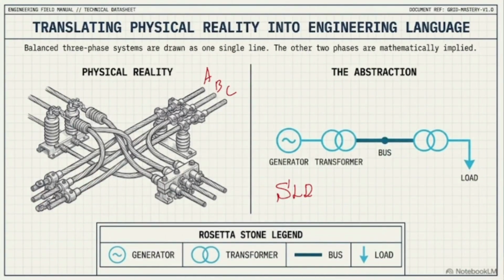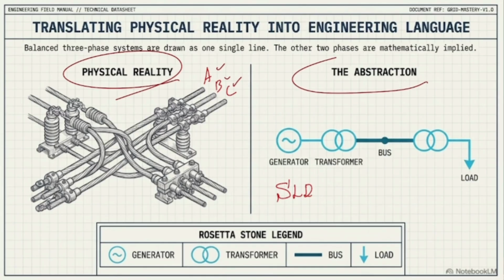The very first thing that we have to talk about is translating the physical reality into engineering language. As you know, in physical reality, we have our system in 3 phases, phase A, B, and C, which you probably know about. I will talk about it in the next slides. But when we're talking about our system, it's going to be a little bit challenging to model all of that, especially when we're talking about our big grid, massive lines that are interconnected to each other.